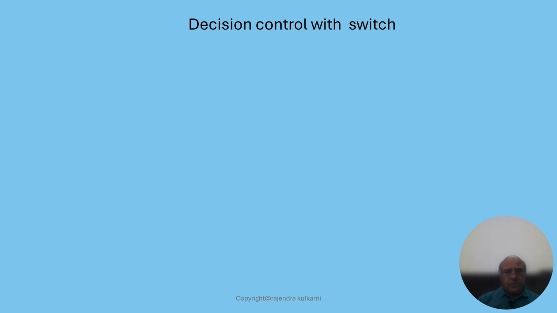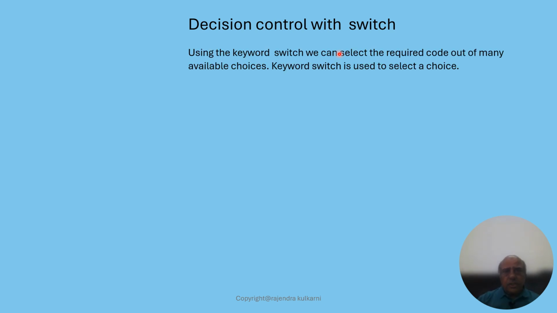Now we come to our next decision control construct using the keyword switch. Using the keyword switch, we can select the required code out of many available choices. With switch, we can select one of the choices.